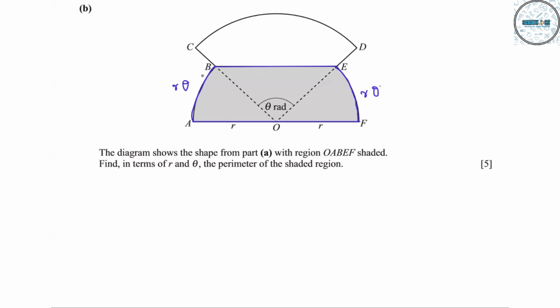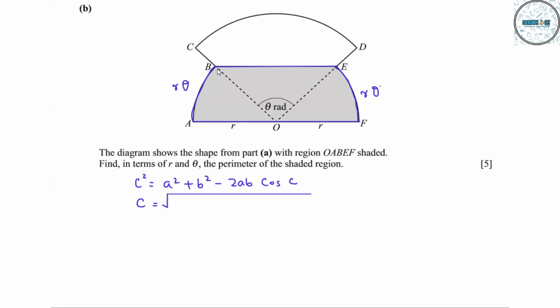For this, we can apply the cosine rule, where we have c square is equal to a square plus b square minus 2ab cos C. So we will have c square is equal to a square plus b square.